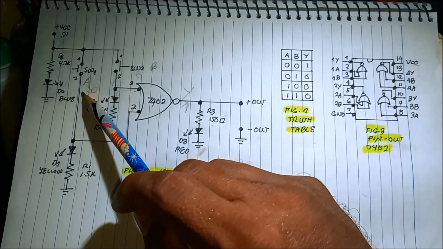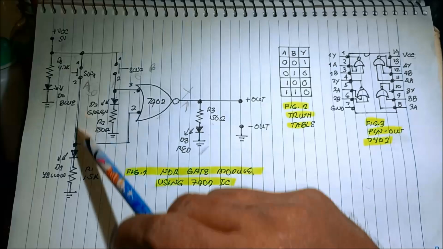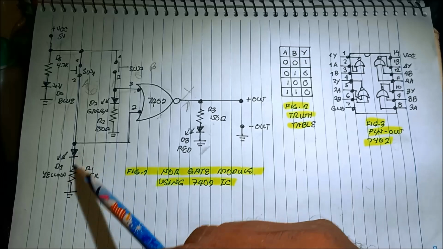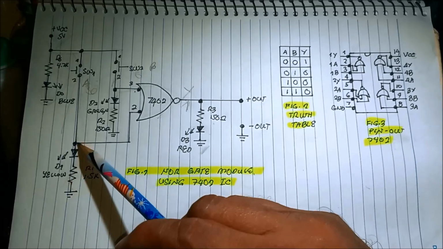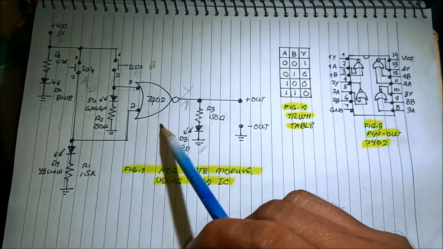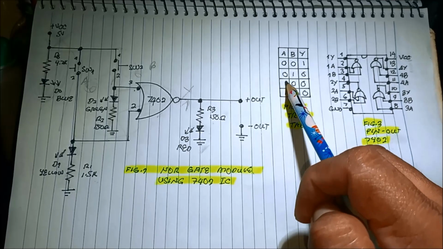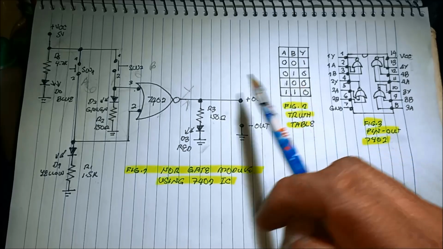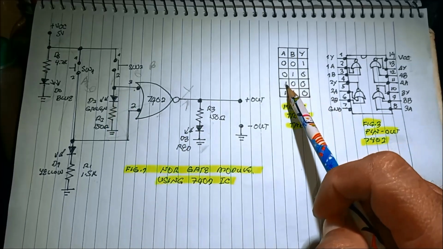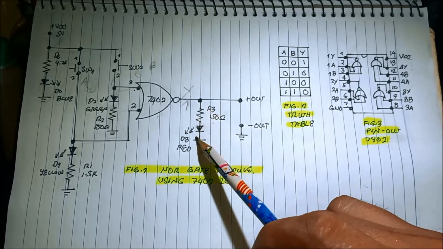While pressing switch A, this one now, current flows to the switch, turning on this yellow LED. So there's an input LED yellow that turns on, injecting current to pin number 2 of the IC, the input. So for switch A on and switch B off, because switch A is on, it will turn off the output.